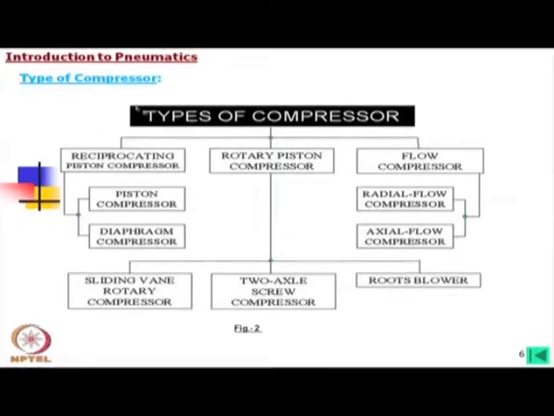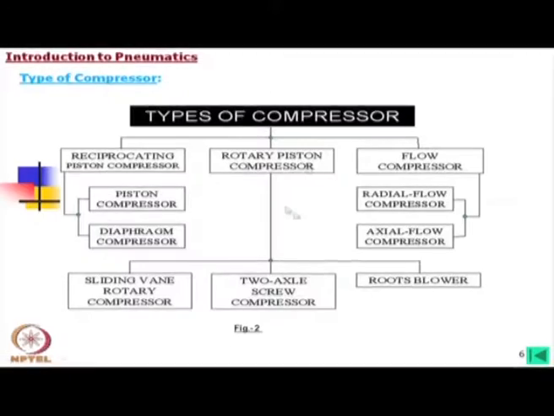Anyway, rotary piston means usually a volume is trapped and then compressed by varying the area. In the case of reciprocating, normally the stroke length varies, the area does not vary.